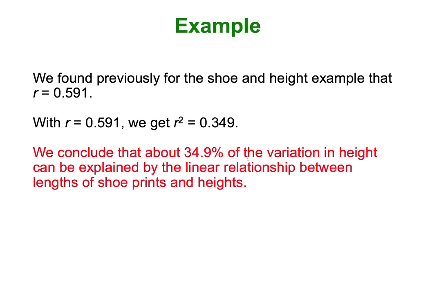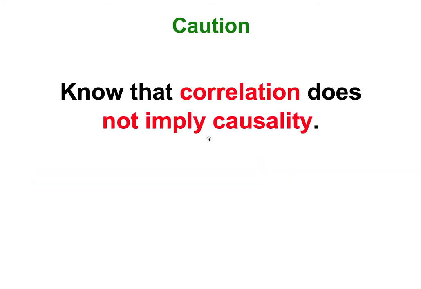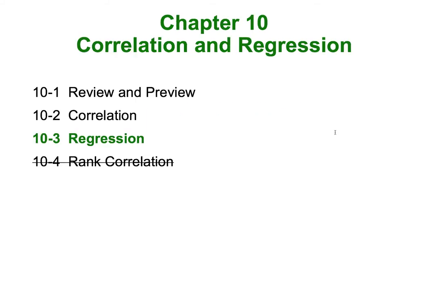I'll pause here to say that if we're asked what the percentage of variation in x or y that is explained by the linear relationship, we just move the decimal point 2 places and we have 34.9% instead of 0.349. This would be a good thing to keep in mind. Correlation does not imply cause.